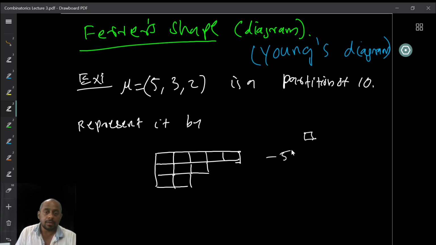Then in the next row of the diagram, I will put exactly 3 unit squares, again left justified. And since the last part in the integer partition is 2, I will put 2 squares at the end. So I have now 10 unit squares, distributed like this. The first line contains 5, the next line contains 3, the next line contains 2, all left justified.